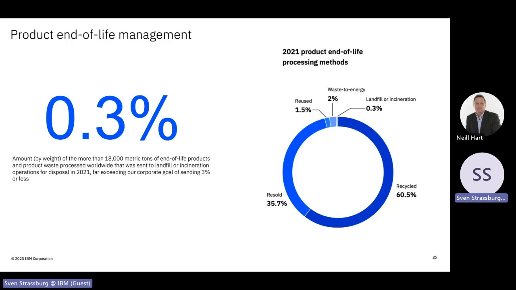We are well ahead of the target we set, but that's a very deliberate design decision. You have to design your products in order to be able to reclaim the parts, reuse the parts, and have a low waste output. So again, it goes back to how you engineered your product.